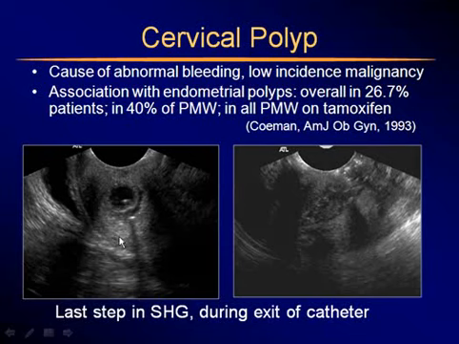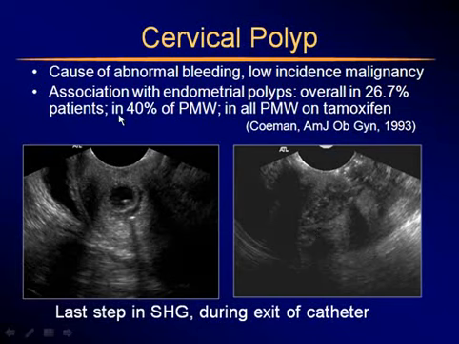And also, one little reminder here when we do see endometrial polyps, that on the way out as we exit, we should look for a cervical polyp as well. Here, for example, is a little balloon still blown up, where after we deflate the balloon, we watch for exit, and here we see some extra soft tissue within the cervix here, and that was a cervical polyp.